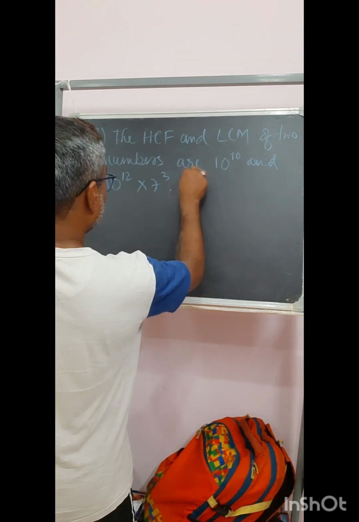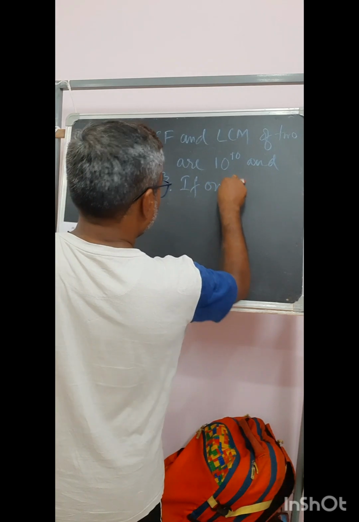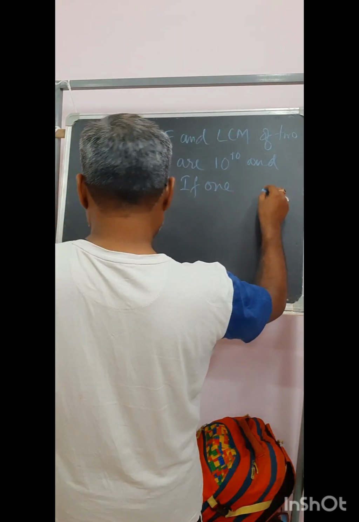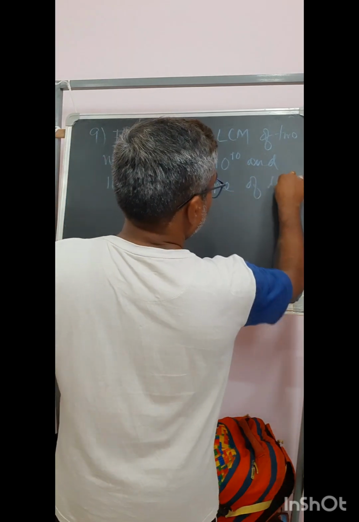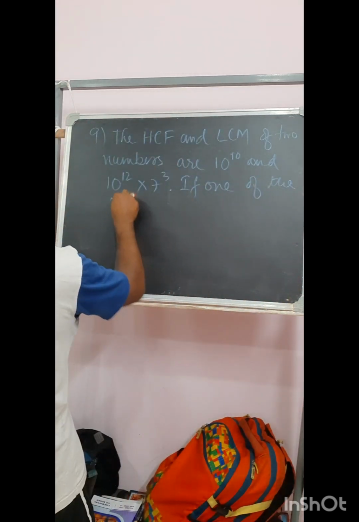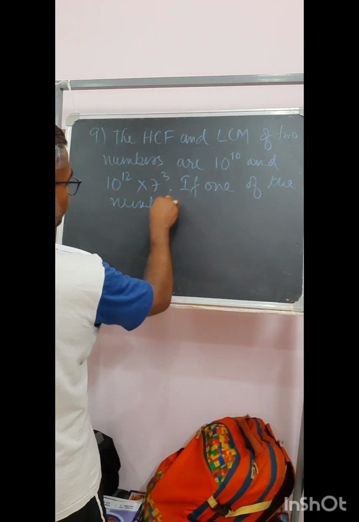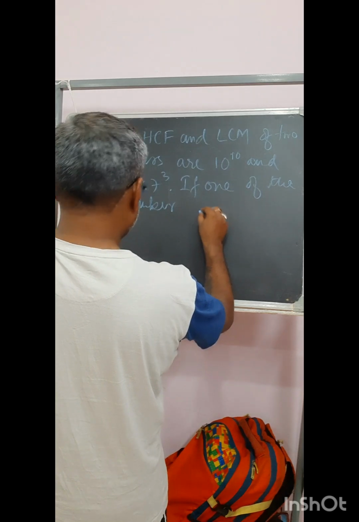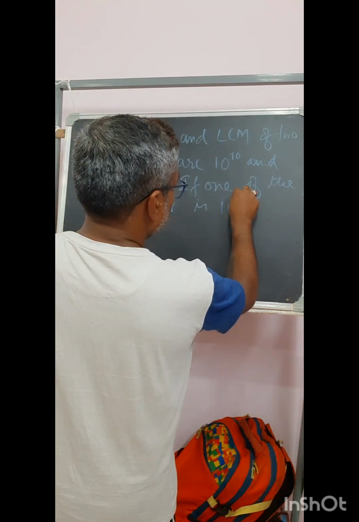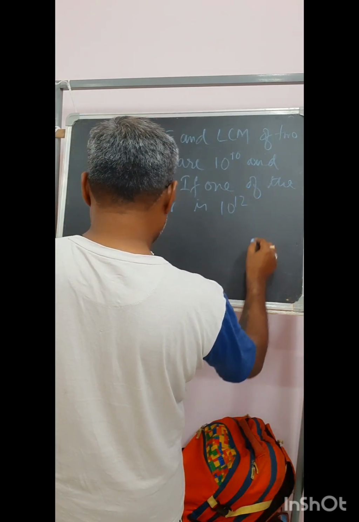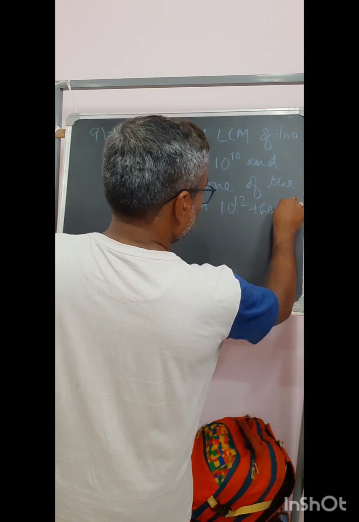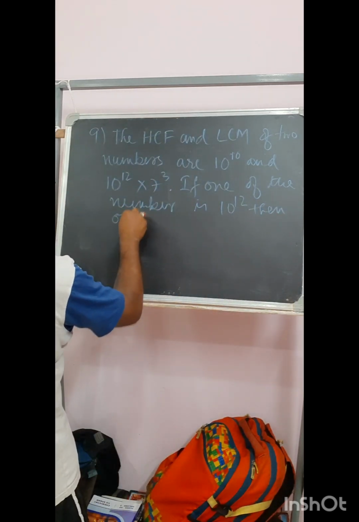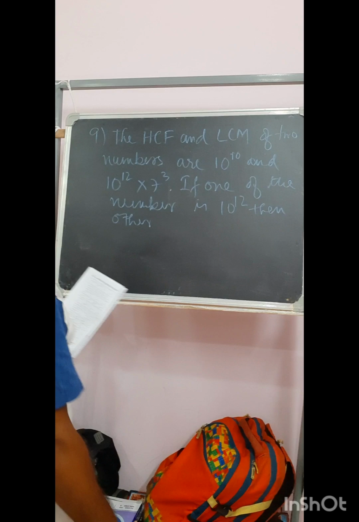If one of the numbers is 10 to the power 12, then the other number. Sorry, I missed one line, so that's why some confusion came.